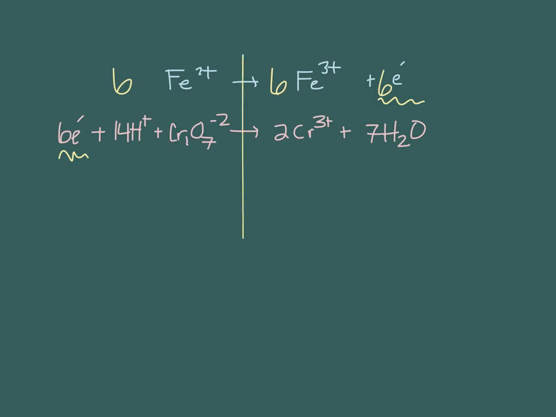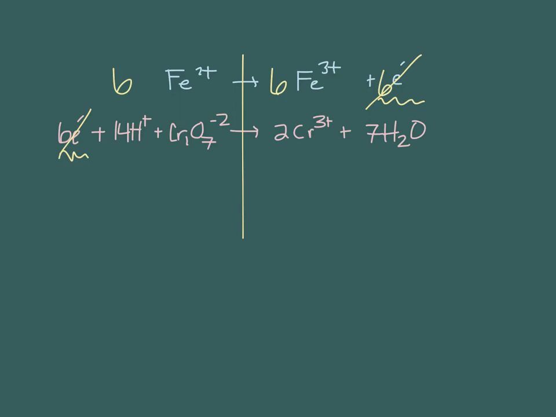Okay, now we're good to go. When we add up these reactions, our 6 electrons will cancel. Now I just need to double check that there aren't any repeating species. Sometimes for these reactions, we'll have water on both sides of the reaction. We can cancel, or hydrogen ions. In this case, we don't, so we're good to go.